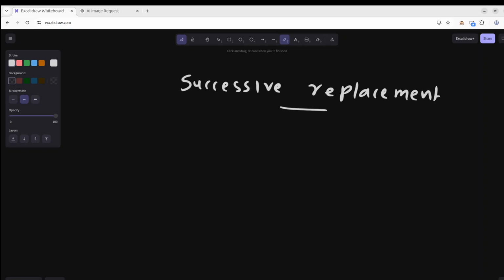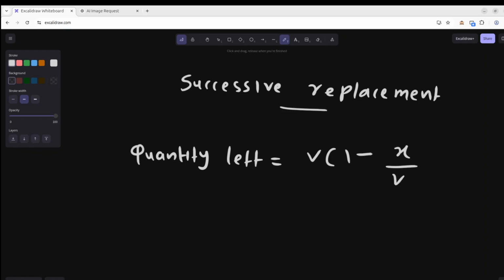Successive replacement means we are replacing some quantity of mixture again and again and again. So there is a formula to find the quantity left. So quantity left equal to V into 1 minus x by V raised to n.